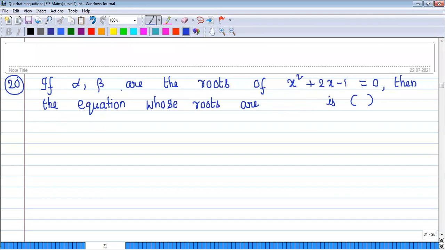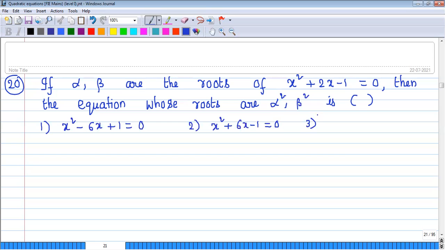Sorry, if alpha comma beta are the roots of x square plus 2x minus 1 is equal to 0, then the equation whose roots are alpha square comma beta square is: first option, x square minus 6x plus 1 equals 0. Second, x square plus 6x minus 1 equals 0.